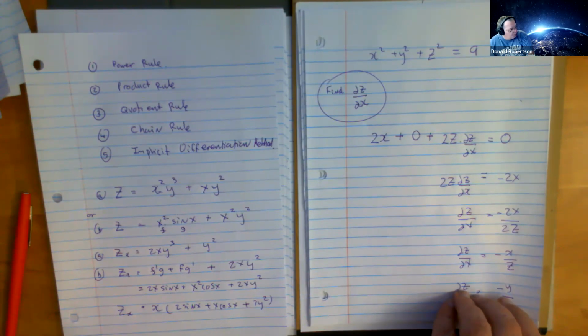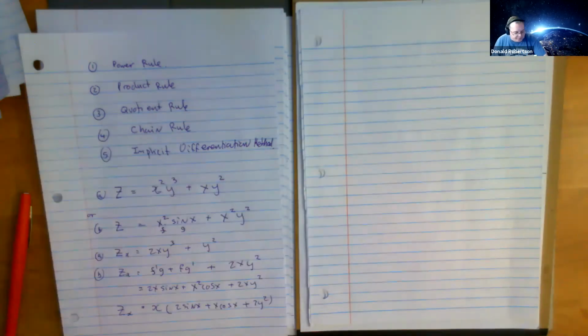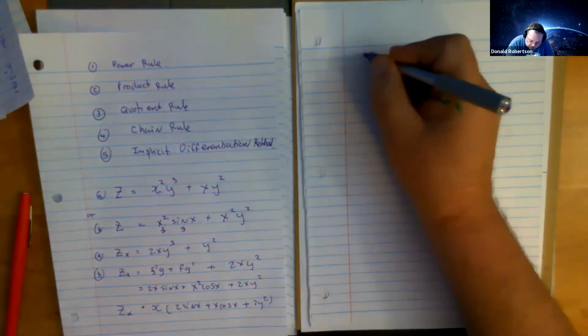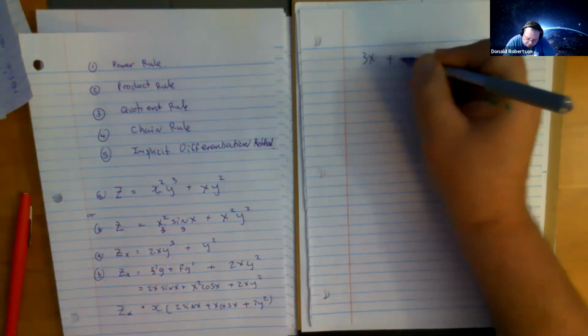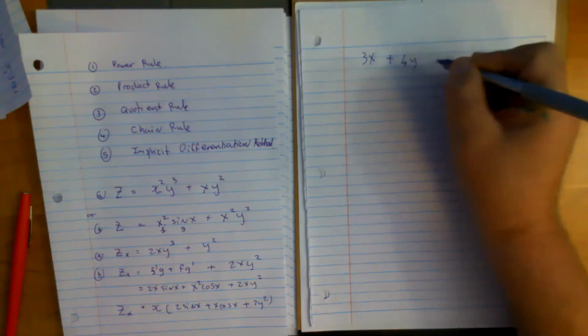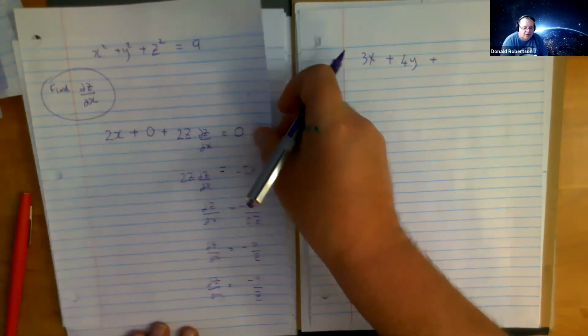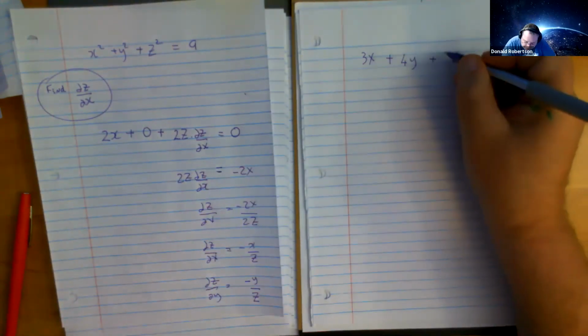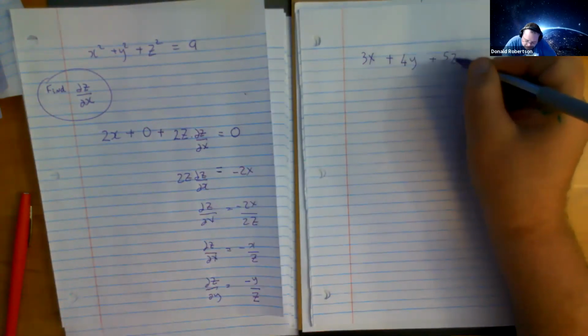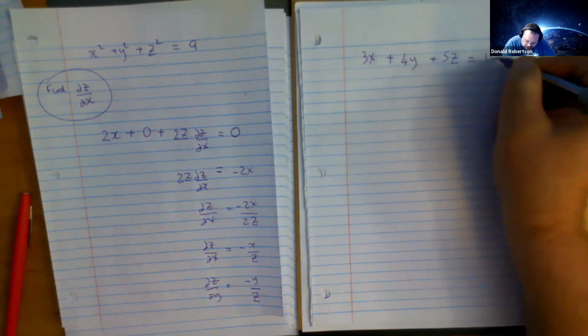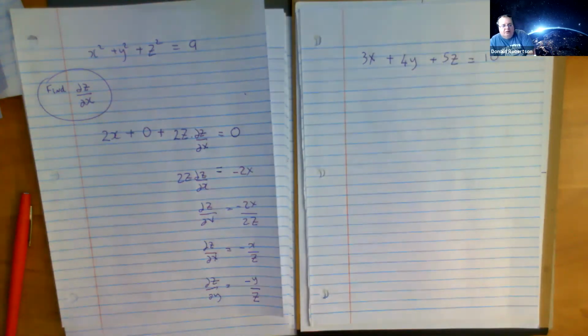Cool. Let's do another guy that you hopefully recognize. Can you place the notes we just did to the left so we can still see them? There we go. Thank you. You recognize who this guy is?